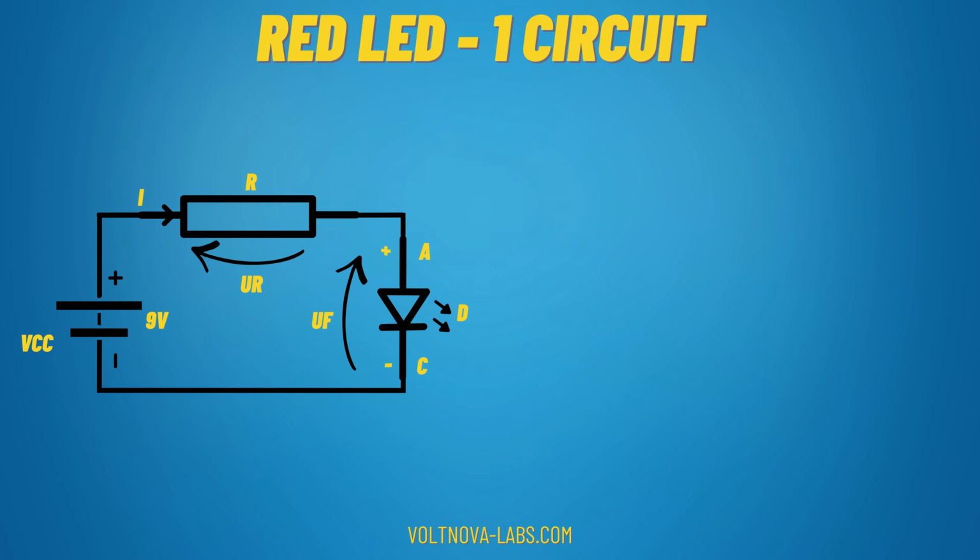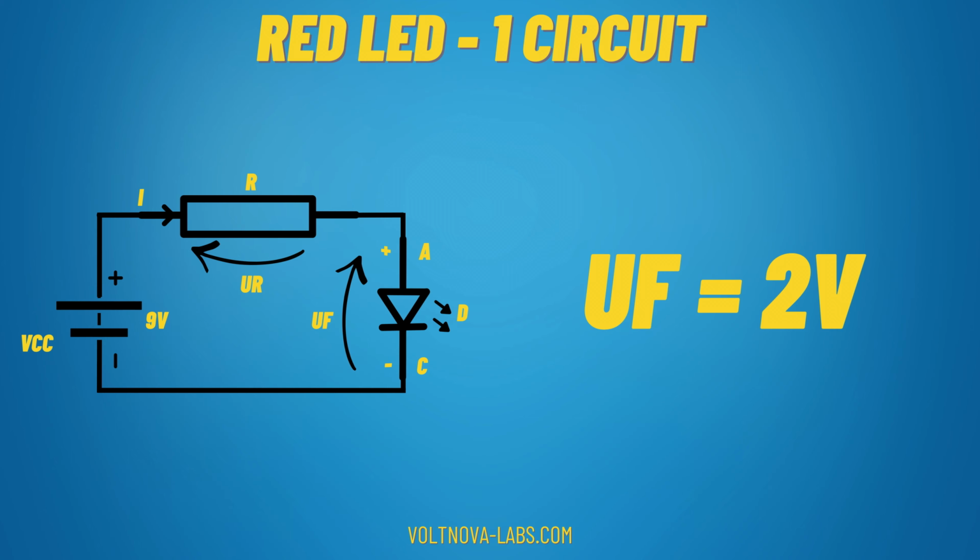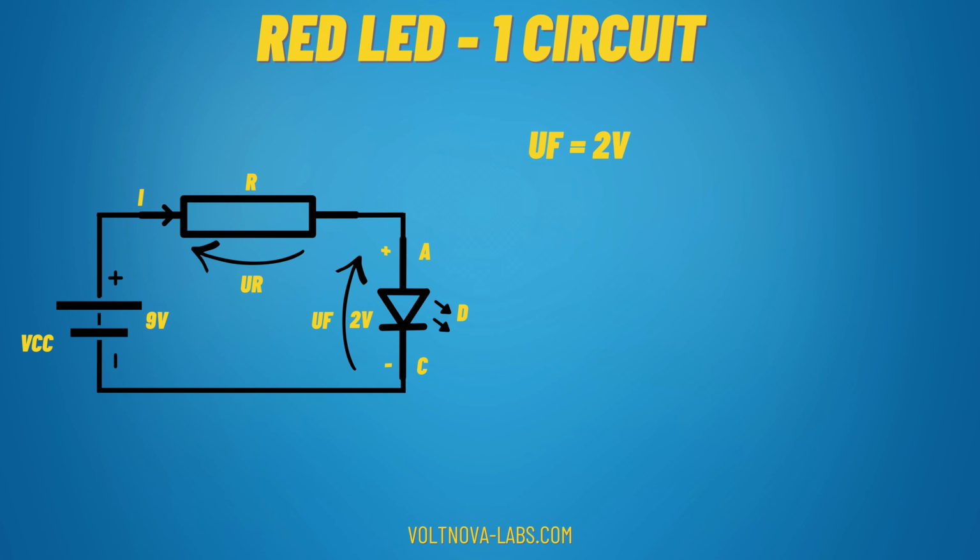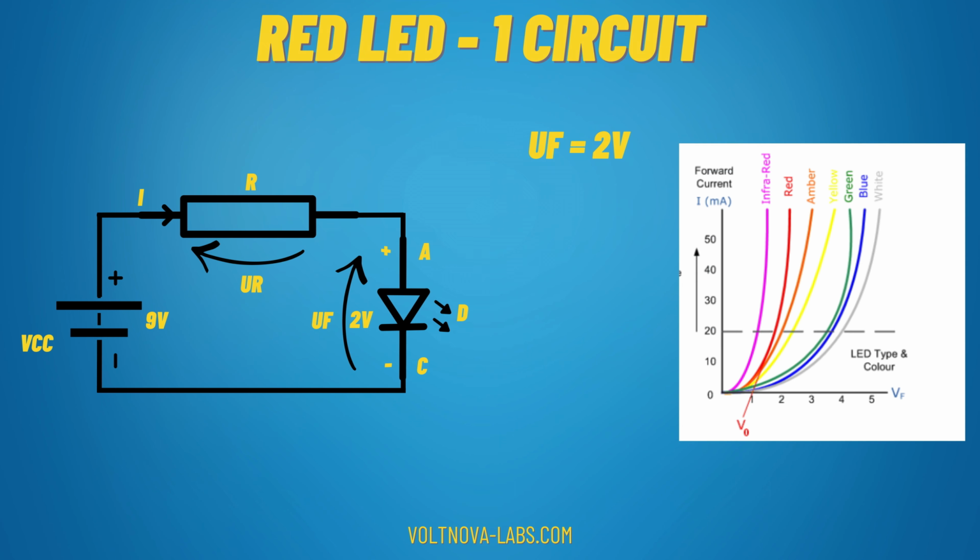For the first circuit, let's calculate for the red LED. We know we have a supply voltage of 9 volts. Let's say the voltage drop across the red LED is 2 volts. Of course, we know this from our characteristic curve or from the table I showed earlier. And we need to select a resistor to limit the current.